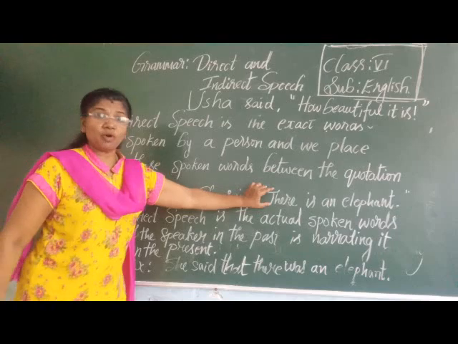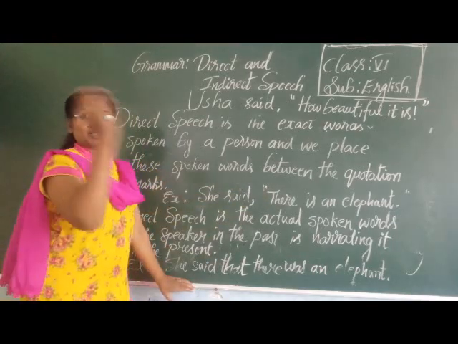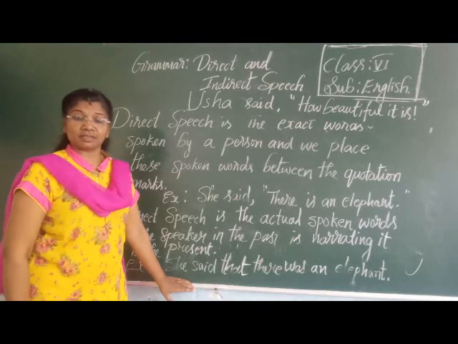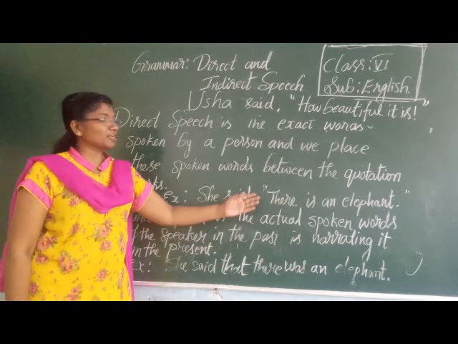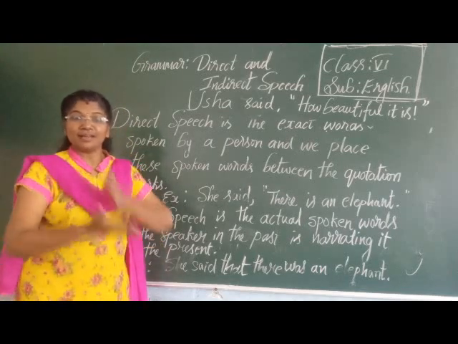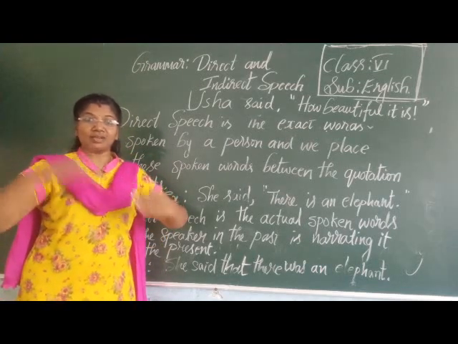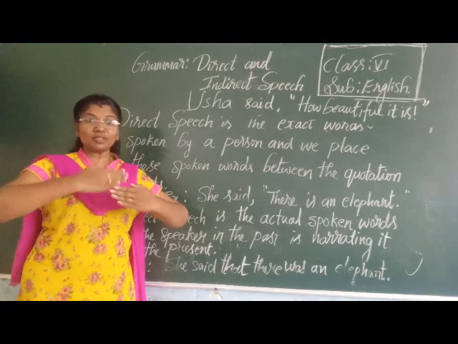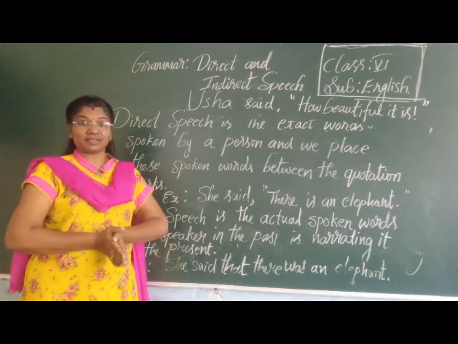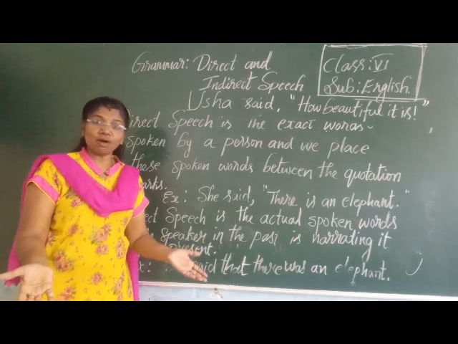But when you are reporting yesterday's spoken words, the words spoken in the past, to a third person, then you don't use the actual spoken words. You change them into your way, your words, because you are narrating it in the present. So you have to change the verb.